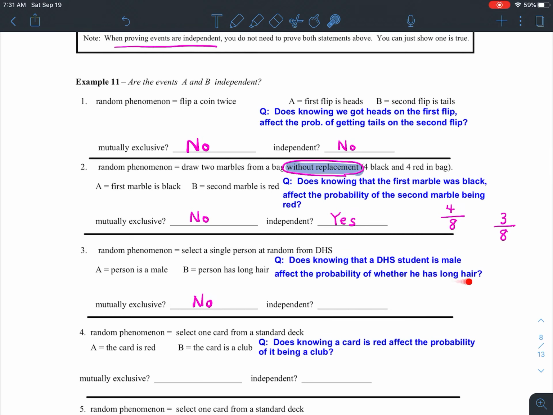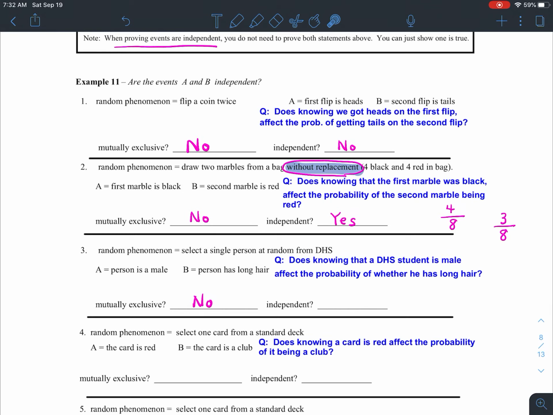Okay, now for the independence. Does knowing that a Dover High School student is a male affect the probability of whether he has long hair? Well, if I said to you, I'm going to pick someone at random and they have long hair, isn't there a higher probability that the person that I chose is probably a female?